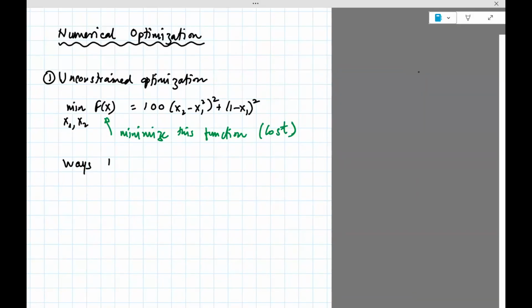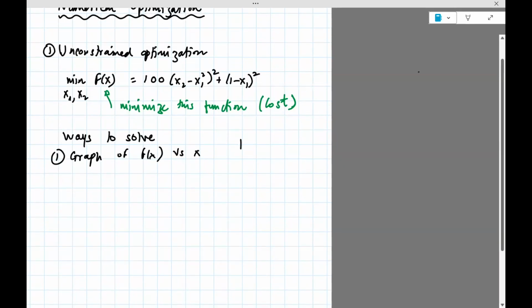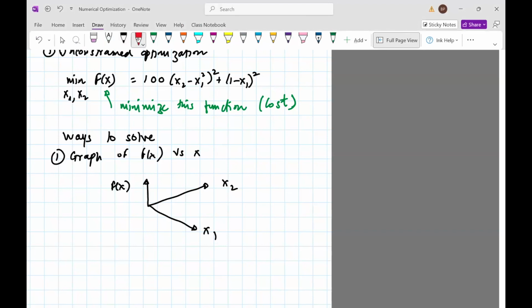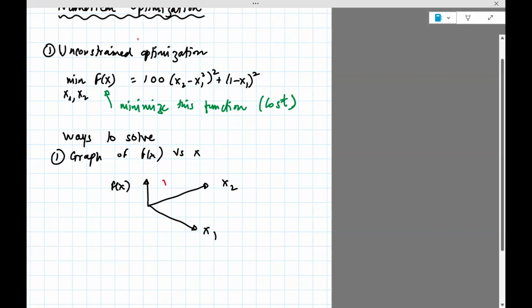Ways to solve. One is a graph of f of x versus x. If you draw a graph of f of x, which is on the z-axis, with x1 on the x-axis and x2 on the y-axis, then you will see, and I think I have a plot too, that this function looks something like this.